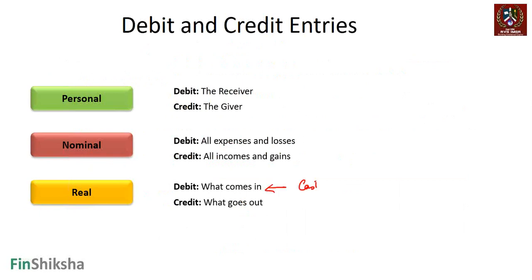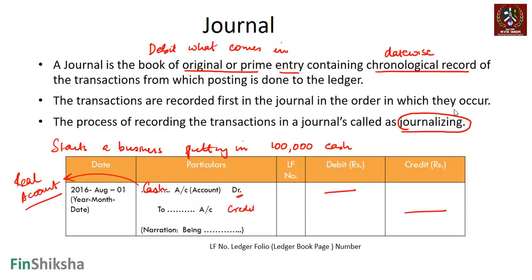So cash comes in, and remember, capital account is basically a personal account. Someone is giving that capital, right? So who's the giver? The person who's giving that capital, we have to credit. So effectively the capital account will get created here, and that is what is credited, and the cash account is what gets debited. Let's record it there.